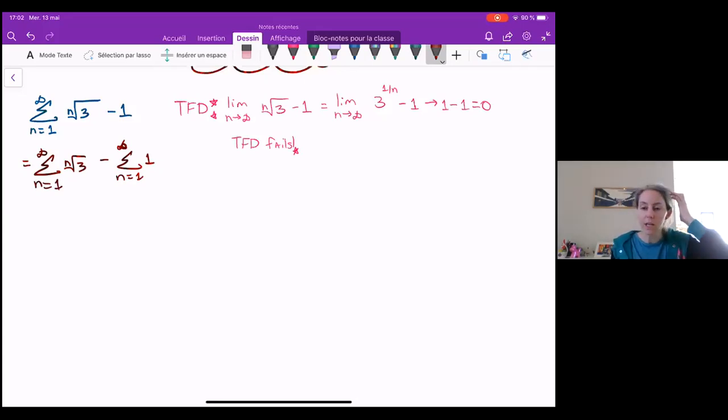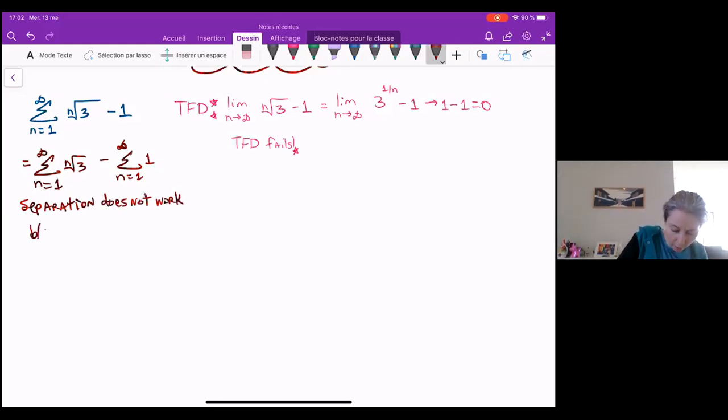So they both diverge by the test for divergence, and we end up with diverges minus diverges, which we have to do something else to figure out. Remember, diverges minus diverges is kind of like the infinity minus infinity of series, and we know infinity minus infinity is an indeterminate form. So separation does not work here, because we get diverges minus diverges.